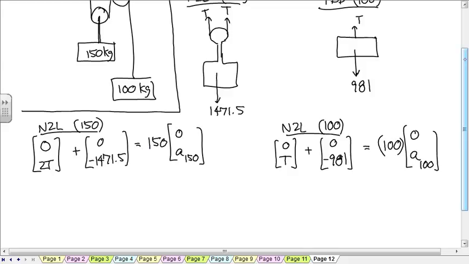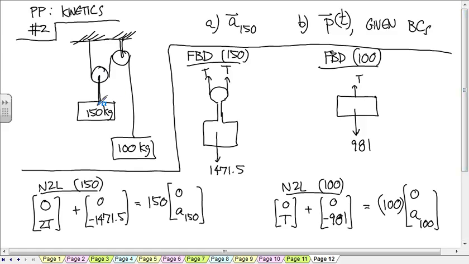Well, that's going to come from the fact that this block and this block move in a prescribed way. If the 100 kilogram block moves down an inch, how far up does the 150 move? Half an inch. The reason is, think of adding 1 inch to the distance from this pulley contact to where the 100 kilogram mass is.